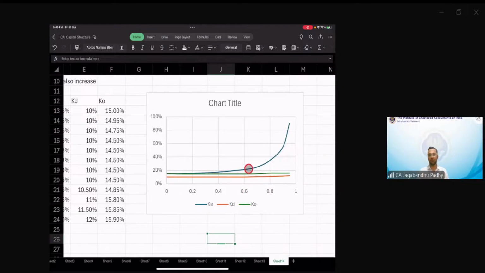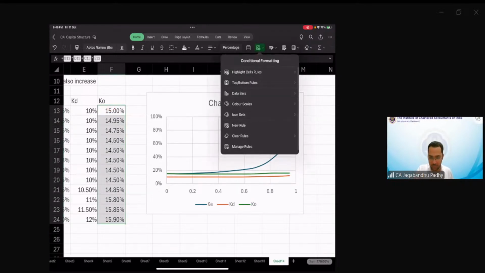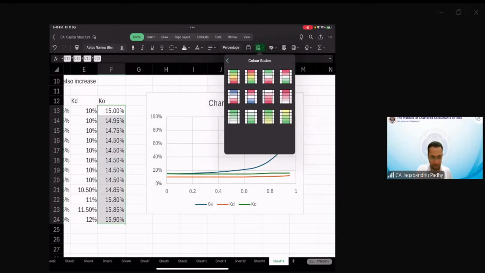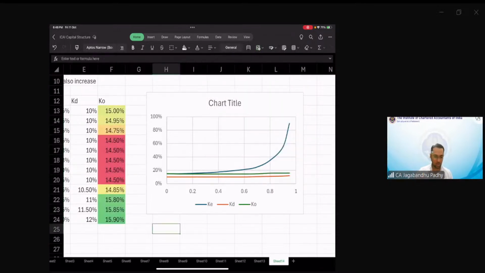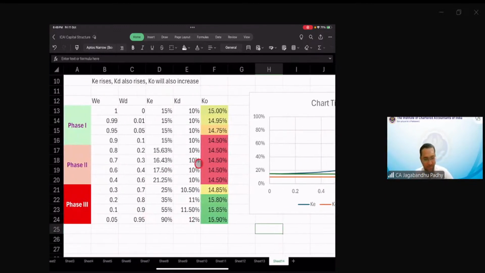If you observe the overall cost of capital carefully, and I just shade it with graphs, you observe that the overall cost of capital is lowest in the second phase, and it is higher in the first as well as in the last phase, right? So which is the best phase then? The best phase is phase 2, where you get the overall cost of capital to be lowest. As the overall cost of capital is lowest, at that phase the value of the company is going to be the highest.